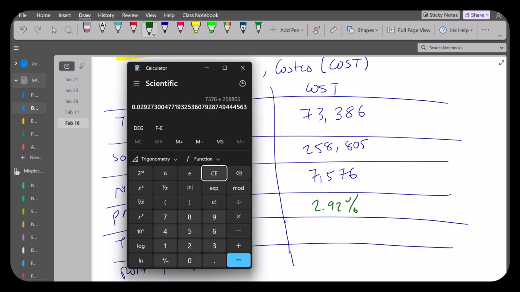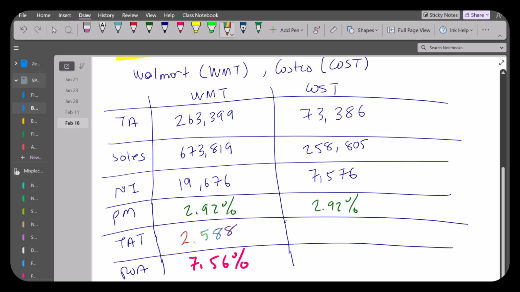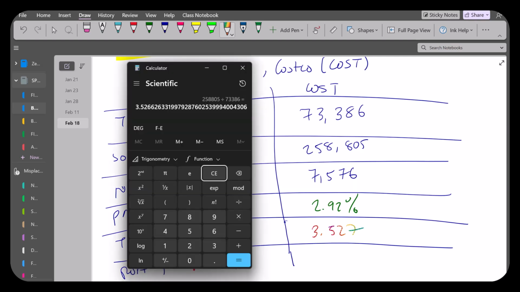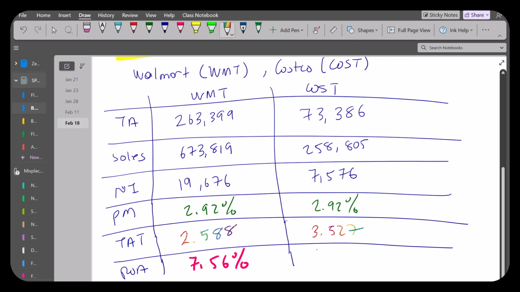Now let's calculate total asset turnover, sales divided by total assets. 3.527. That was a rainbow number. And finally, ROA is 10.3%, 10.29%.